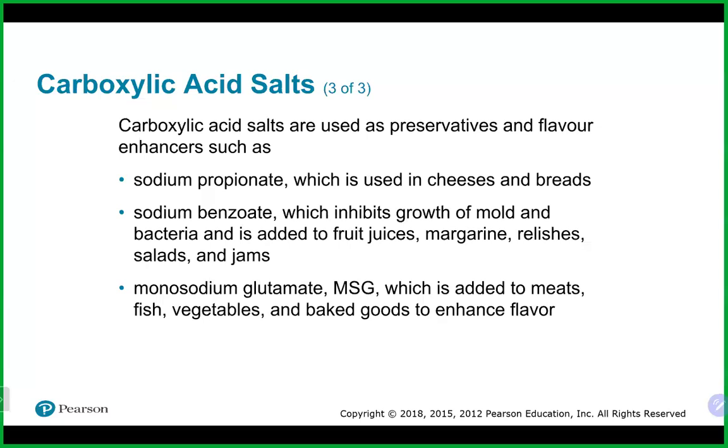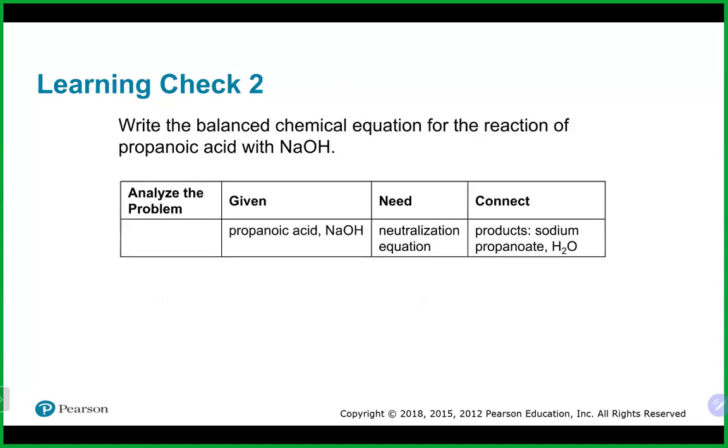Carboxylic acids are used as preservatives and flavor enhancers. Sodium benzoate inhibits growth of mold and bacteria, and is sometimes added to fruit juices, margarines, relishes, salads, and jams. MSG is sometimes added to meat, fish, and vegetables to enhance flavors.